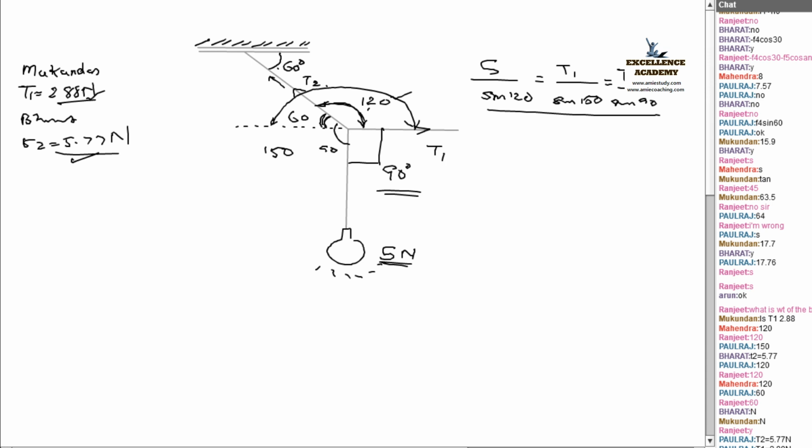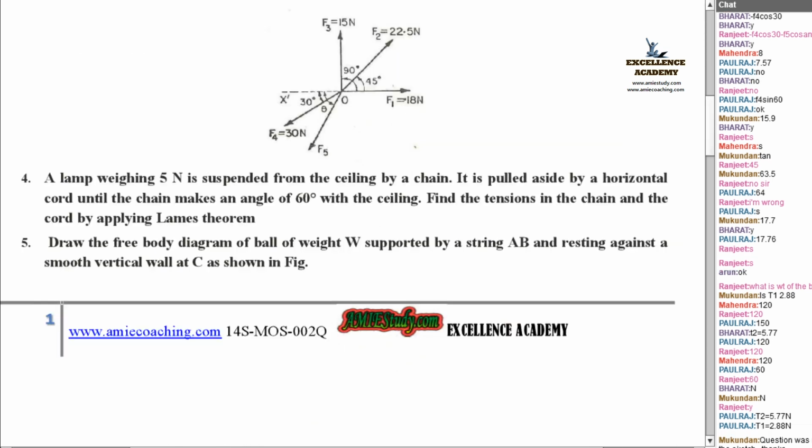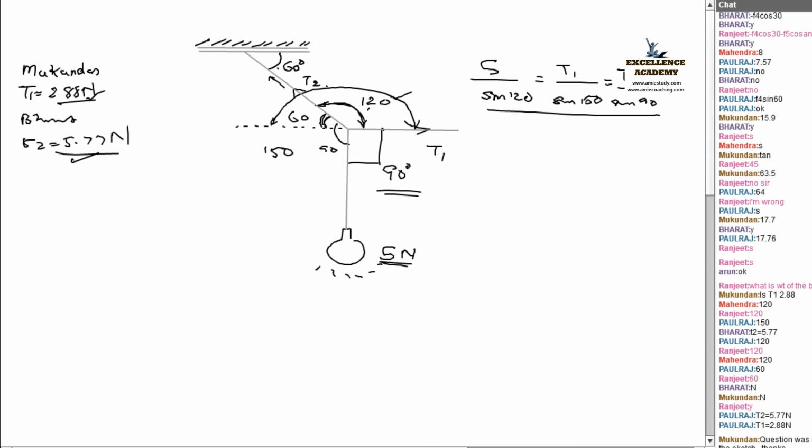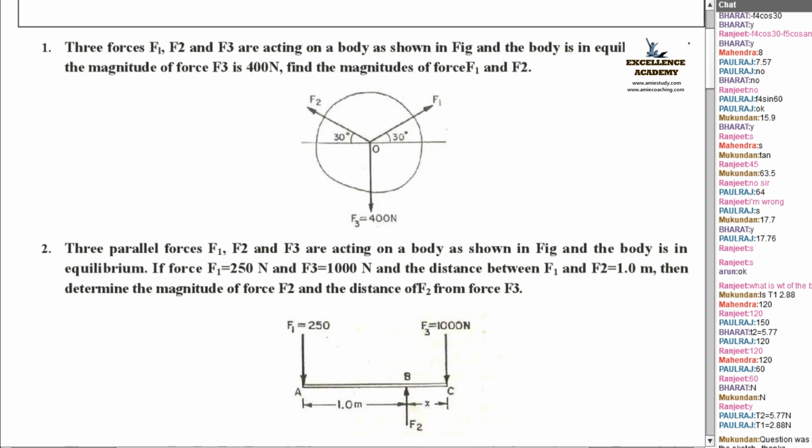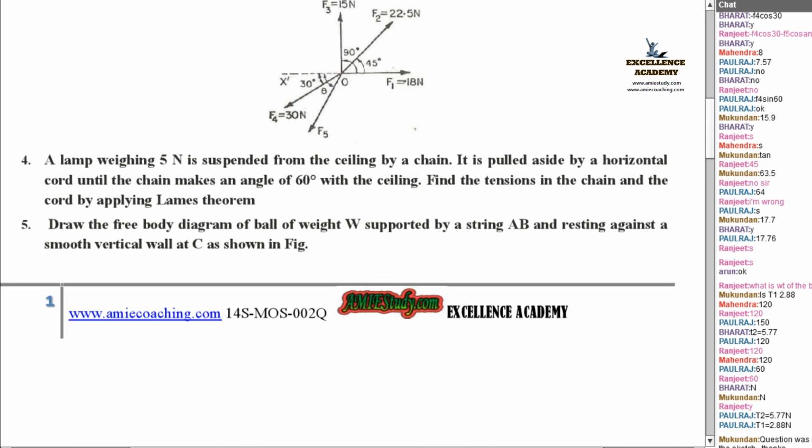Okay. Moving to the next question. One minute. Next question. Draw the free body diagram of a ball of weight W supported by a string AB, resting against a smooth wall at C, as shown in the figure.